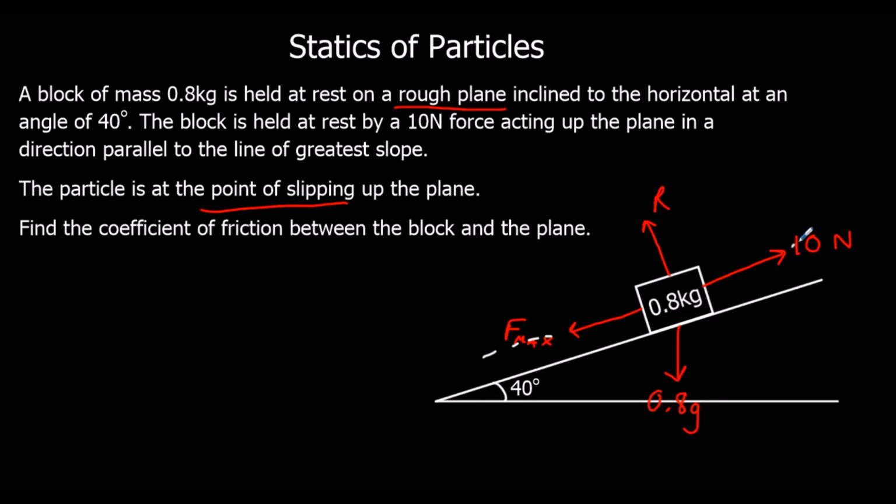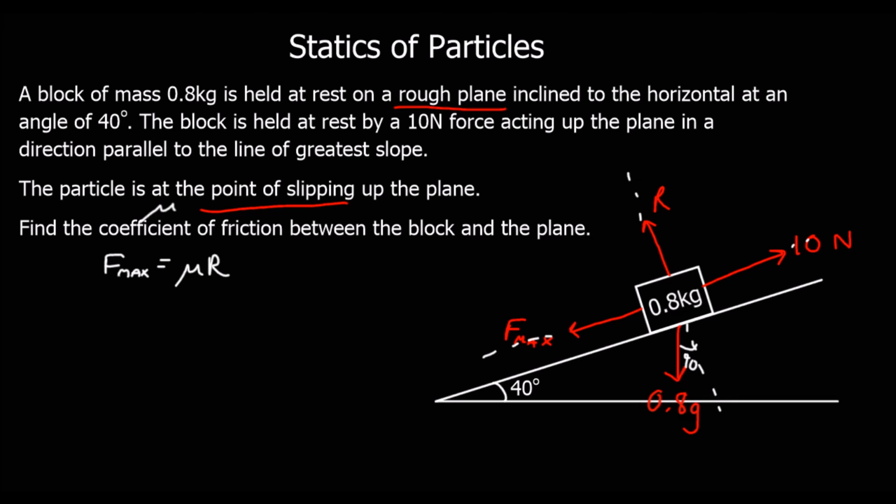If we think of it as a tilted axis, tilted by 40 degrees, we have a 40-degree angle between our axes and the weight. So we need to find the coefficient of friction between the block and the plane. Friction max is going to be mu times R. We want to find the coefficient of friction, that's mu. So we need to know friction, and we need to know R, and then we can find mu.